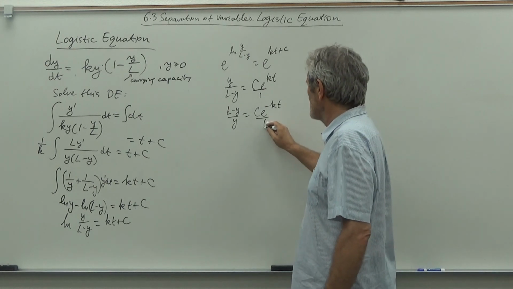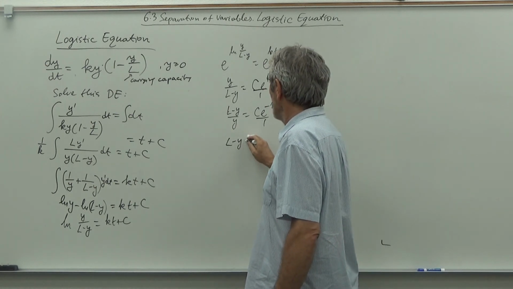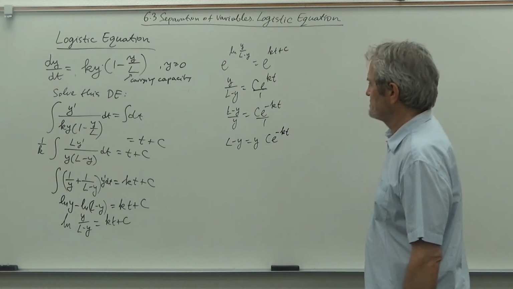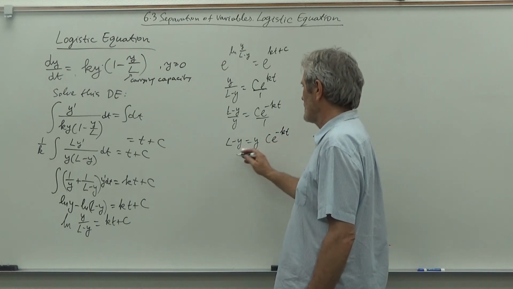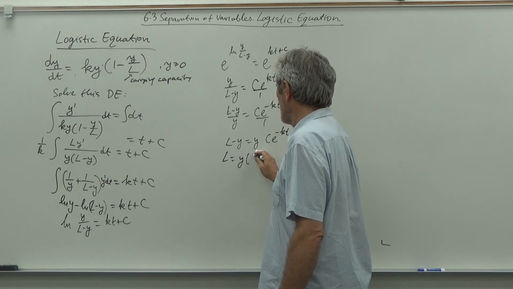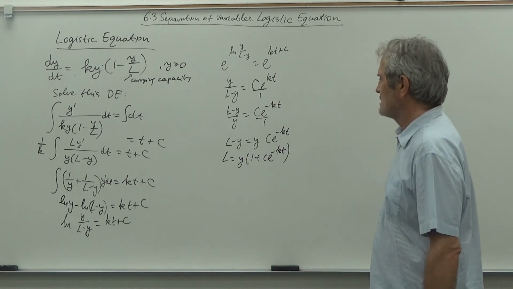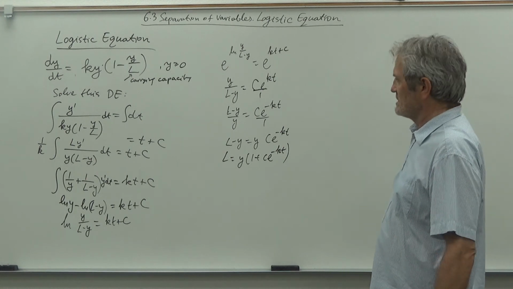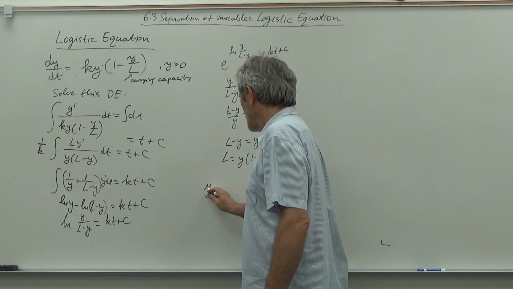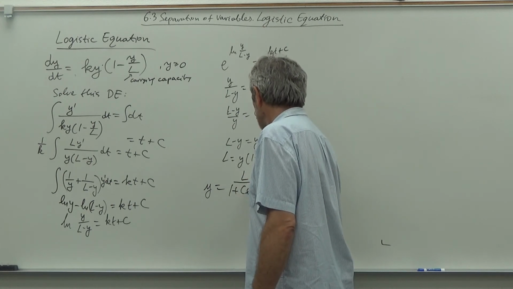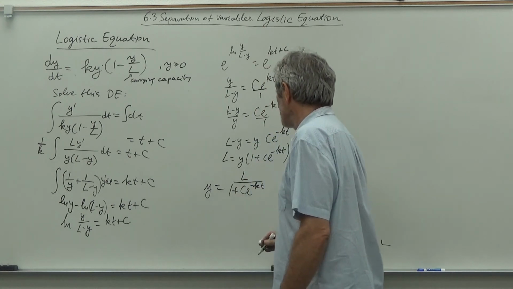Now it's better to cross multiply, so I get L minus y is y c e to the minus kt. Now we get y on the same side, then I get y times 1 plus c e to the minus kt. And when we divide, here it is, we have our solution. y equals L over 1 plus c e to the minus kt.